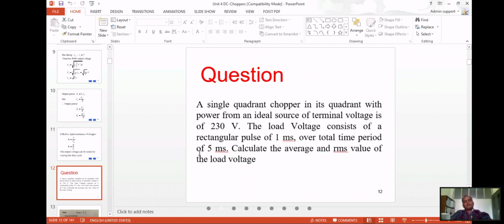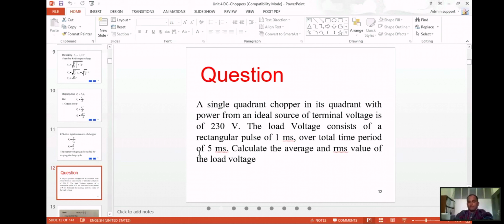All of you, I told you yesterday itself to be with a pen, paper, and a calculator. So can you solve this problem? A single quadrant chopper with a power from an ideal source of terminal voltage 230 volt. The load voltage consists of a rectangular pulse of 1 millisecond over a total time period of 5 millisecond.